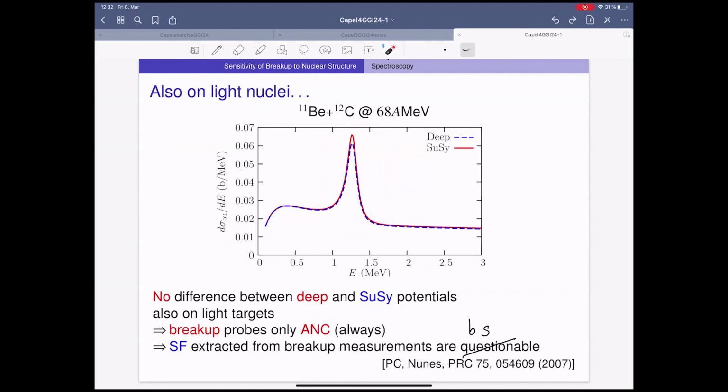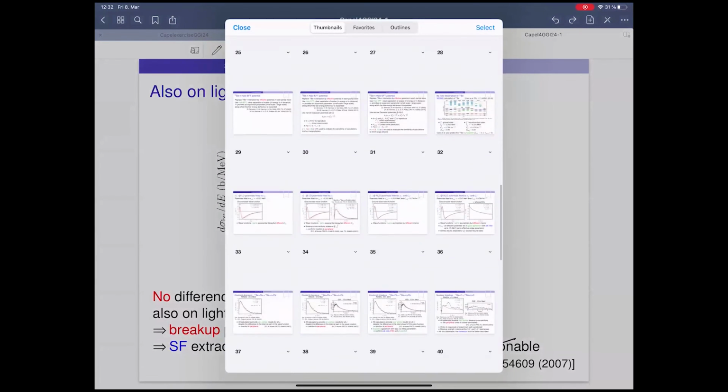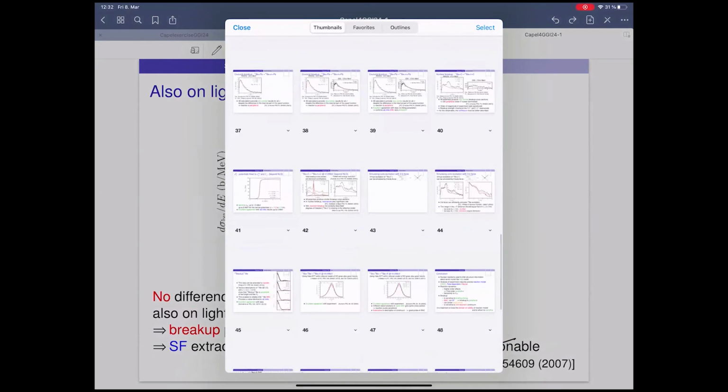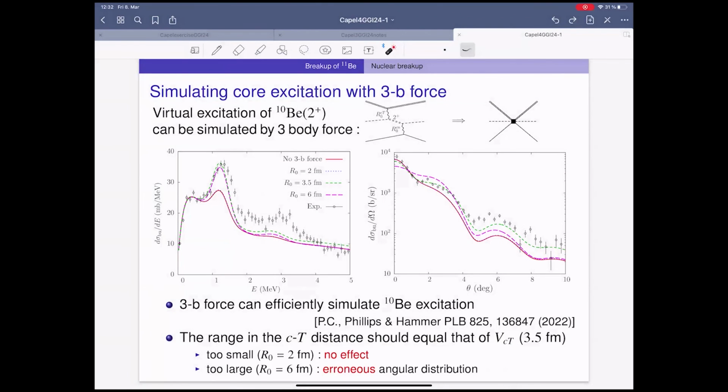In particular, in this case, we use exactly the same description for the 3/2 plus and the 5/2 plus resonances. It works very well for the 5/2 plus, but not that much for the 3/2 plus. What happens is that at 3 MeV there is a threshold where the core, exactly as Enrico mentioned, gets excited to its 2 plus.